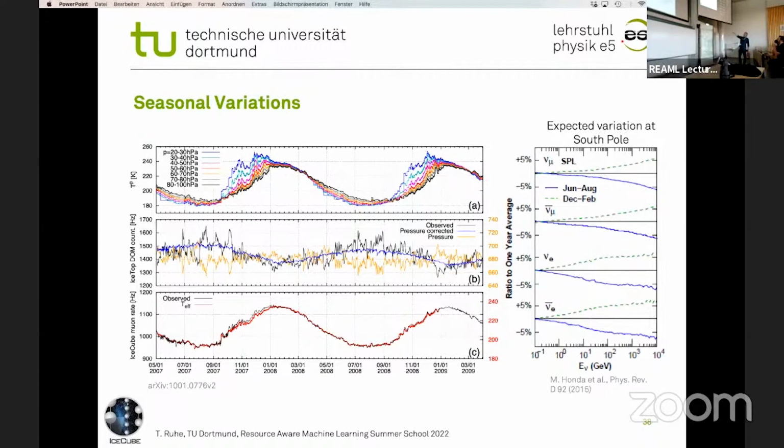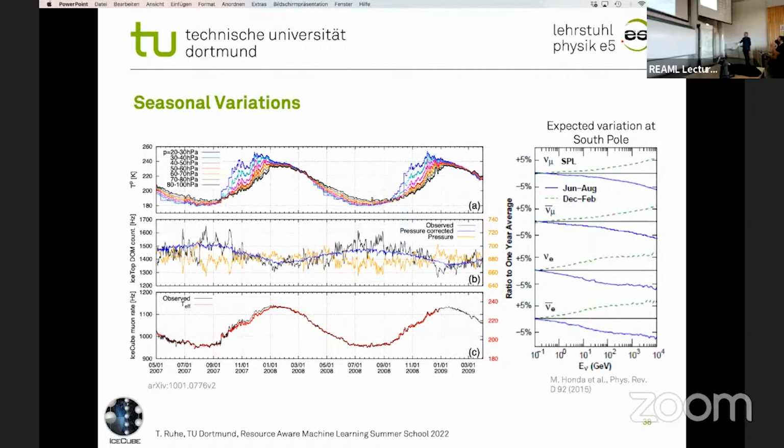And you can see this is the temperature changes for different pressures, and this is the observed amount of atmospheric muons in IceCube. And you can see that this does follow a nice curve, right, with the seasons. And we see the very same thing actually also for neutrinos. But what we'd like to see is actually the effect on the spectrum.